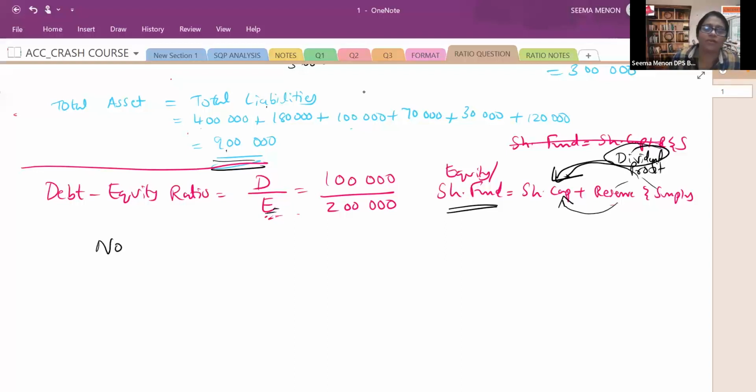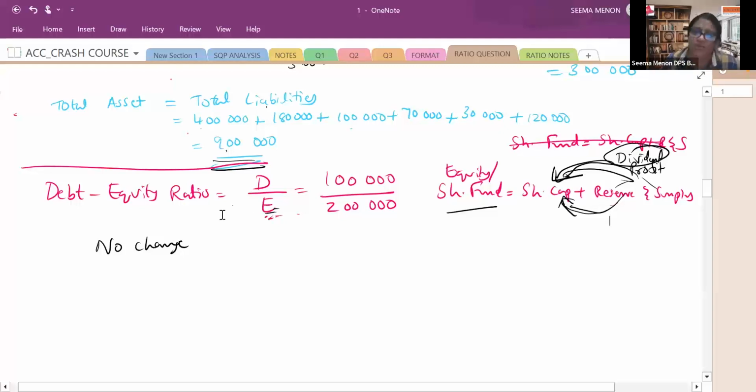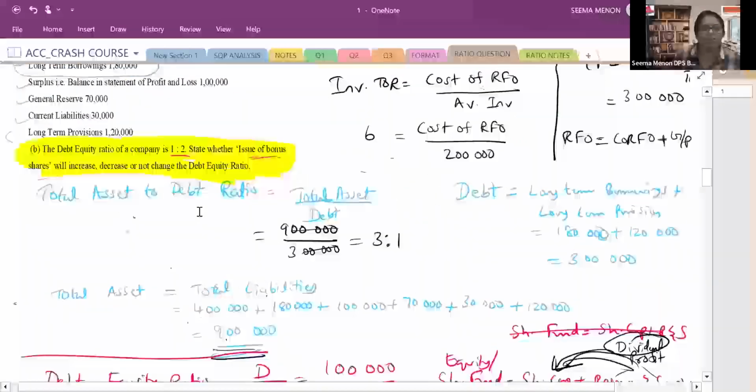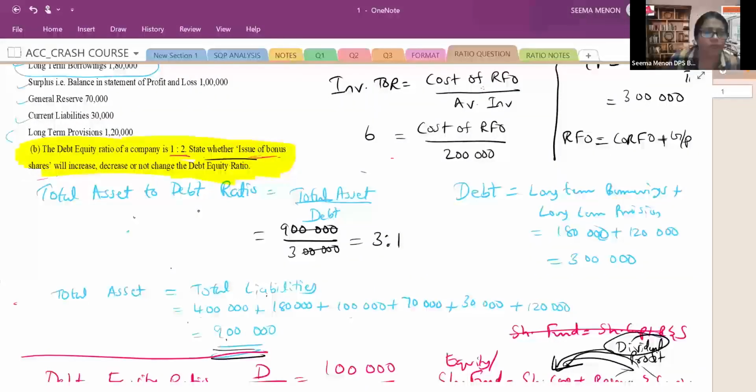So our debt equity ratio will not change. No change in debt equity ratio, because the fund is transferred from one place to another place inside shareholders fund only. From reserves and surplus, it is added into share capital. So there is no change in the debt equity ratio. The question is whether issue of bonus shares will increase, decrease, or not change.